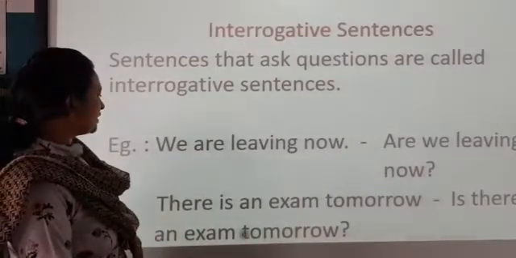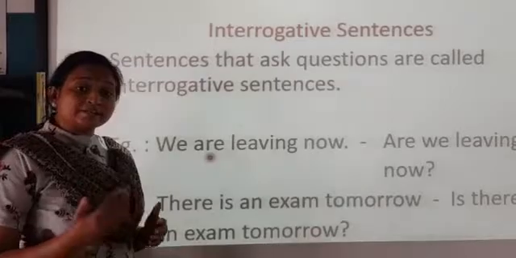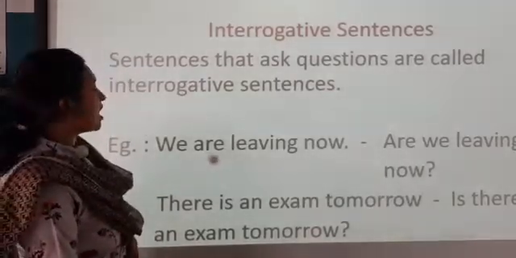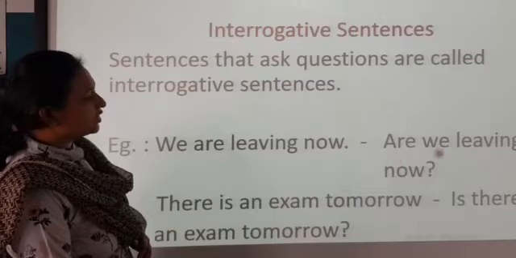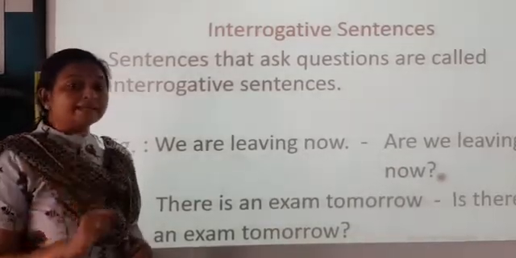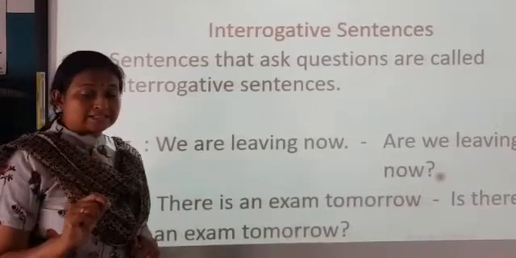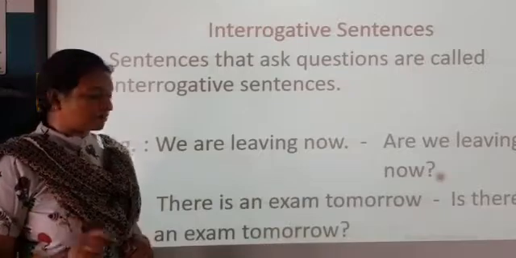In this sentence, where is the verb? Are. Are is the verb. So when you make it into interrogative, this are should be brought in front, like how I have written here: are we leaving now? And question mark. Children, always remember, an interrogative sentence will always end with a question mark.